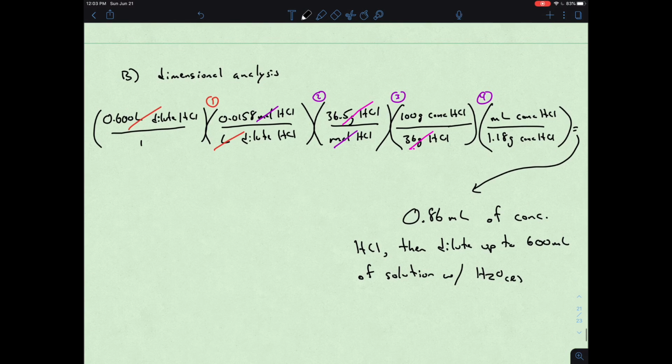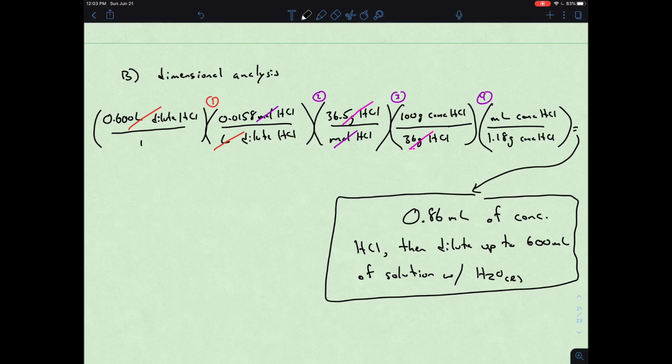And that's how we would prepare this solution that has a pH equal to 1.8. So there is a strong acid type example.